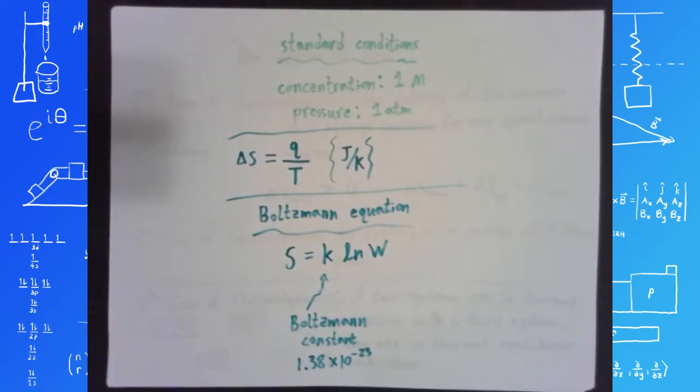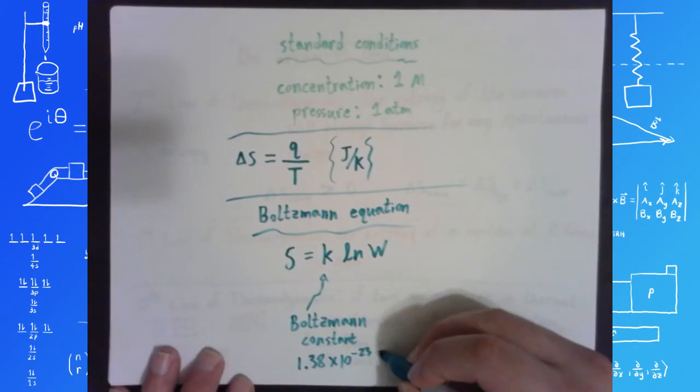It's the ideal gas constant divided by Avogadro's number, if I recall correctly. 8.314 joules per mole Kelvin divided by 6.022 times 10 to the 23rd. Yeah, 1.38 times 10 to the negative 23. That's joules per Kelvin.